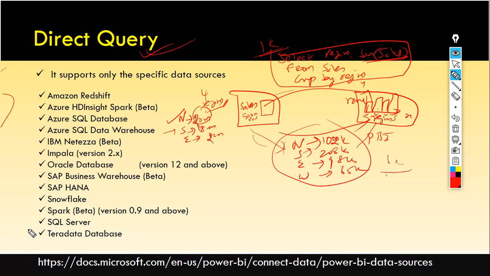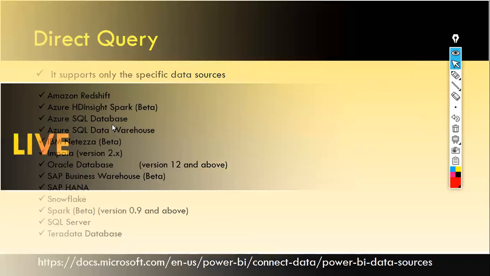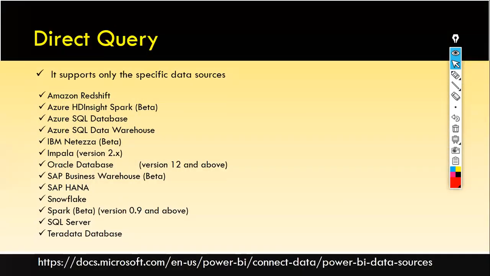However, there are limitations. You need to go through them. If you are a consultant, before you propose it to the customer, check what the limitations are, and then go ahead and propose it. So now you understood what direct query mode is. In direct query mode, we don't load the data locally into Power BI Desktop.